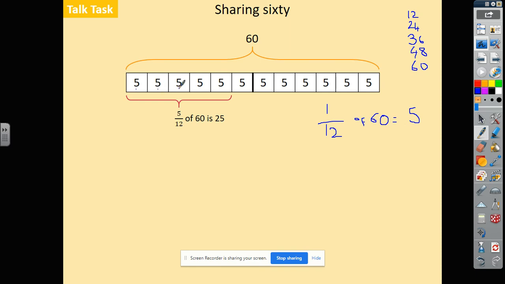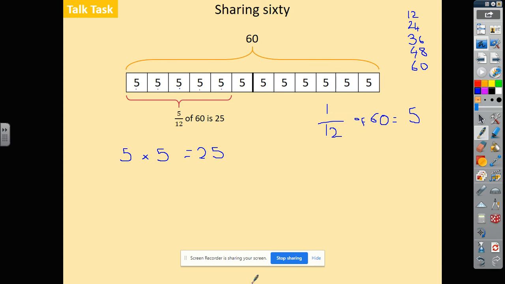So we've got 1, 2, 3, for 5 of them. So what have I done? Well, I've taken that 5 that each one is worth, and I've multiplied it by 5 because there's 5 of them that I want to include. Which gave me my answer of 25.